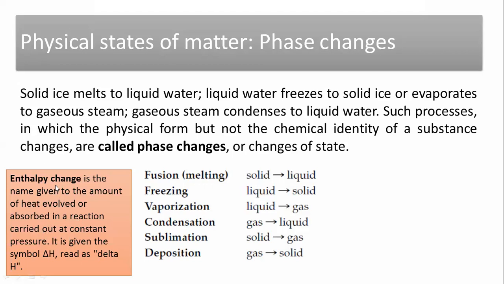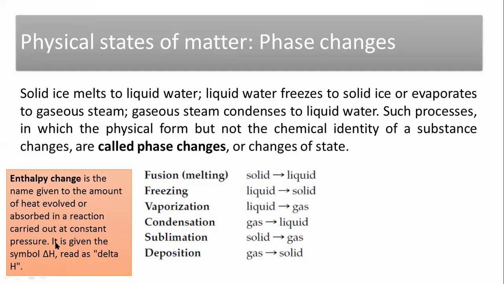This is called the enthalpy change. So you can easily remember, if energy is being absorbed or released, that energy is called the change in enthalpy. We can represent it with delta H, and this may have a positive value or a negative value.